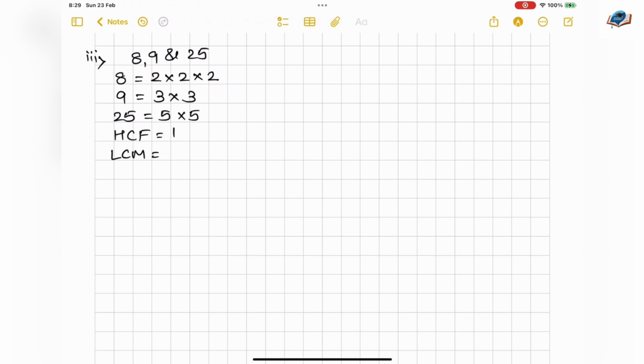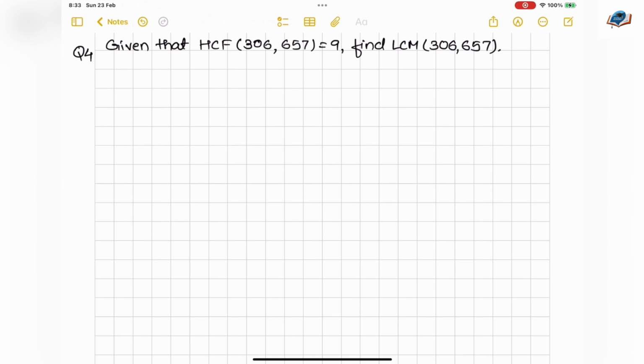So again if you see HCF is nothing common between them. That is 1. LCM will be 2 cube into 3 square into 5 square. Next question says, given that HCF of 306 and 657 is 9, find LCM.